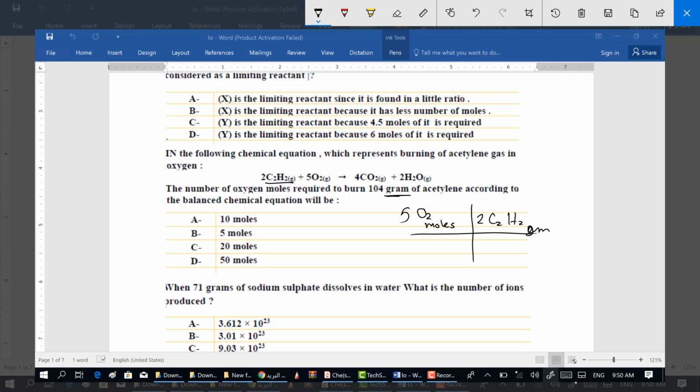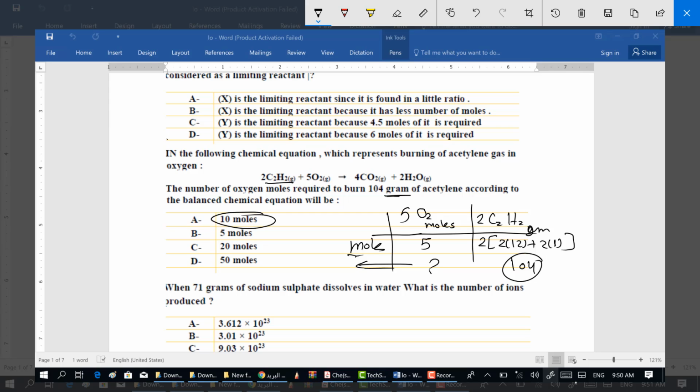If we're taking the 5 moles from oxygen, it will be 2 multiply the molar mass of acetylene, 2 multiply 12 plus 2 multiply 1. If we're taking 104 from acetylene, the answer will be 10 moles of oxygen gas.